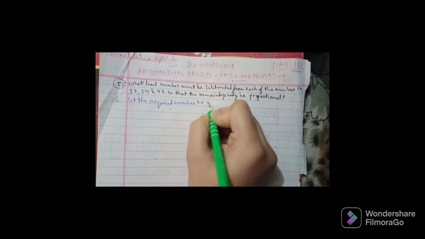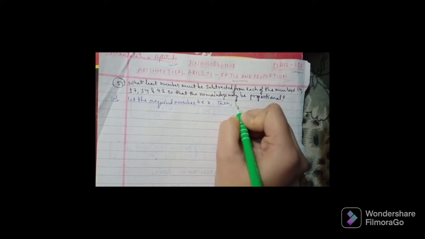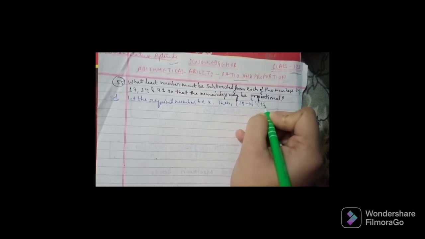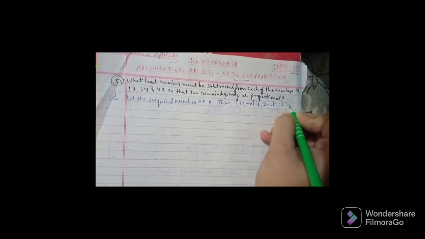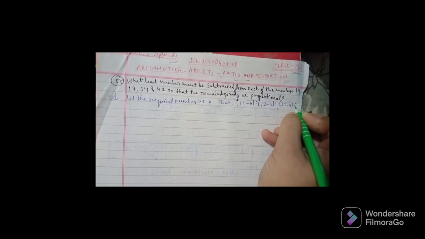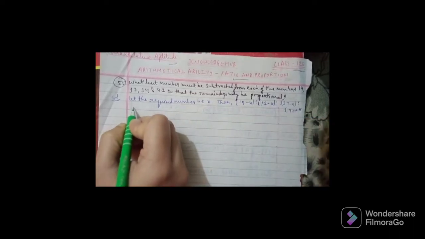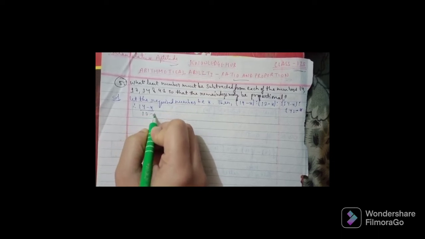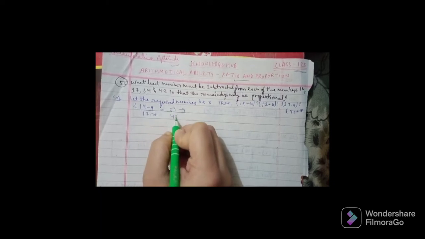Then 14 minus x, 17 minus x, 34 minus x and 42 minus x are in proportion. So 14 minus x upon 17 minus x equals 34 minus x upon 42 minus x.